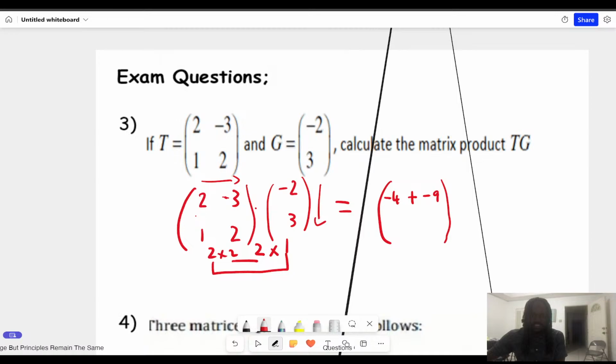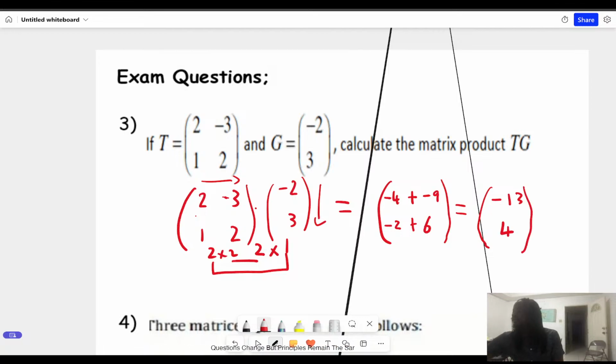Then next row, 1 times negative 2, plus 2 times 3, 6, second number by second number. Negative 4 plus negative 9, negative 13, negative 2 plus 6, that is positive 4.